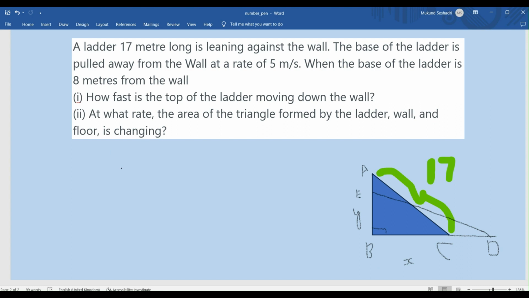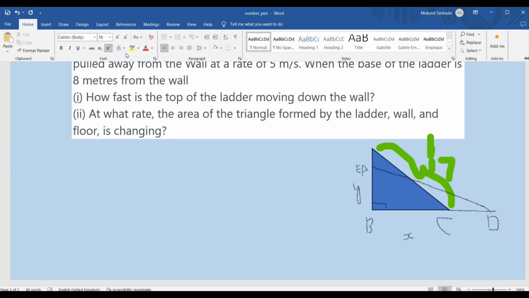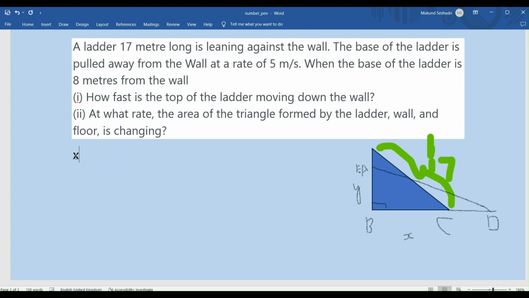So we have a right angle triangle here, which means x square plus y square equals the length of the ladder, which is 17 to the power 2, right?